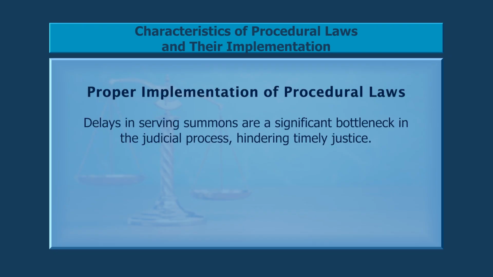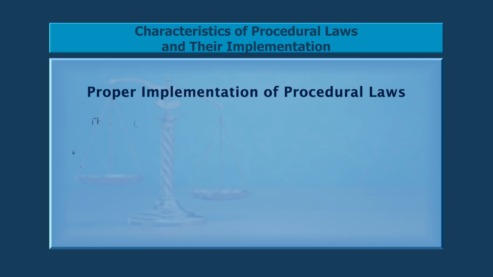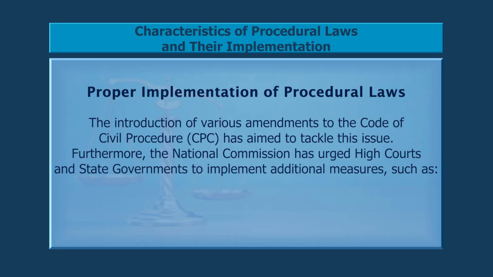One major area requiring reform is the service of summons. Delays in serving summons are a significant bottleneck in the judicial process, hindering timely justice. The introduction of various amendments to the Code of Civil Procedure has aimed to tackle this issue.